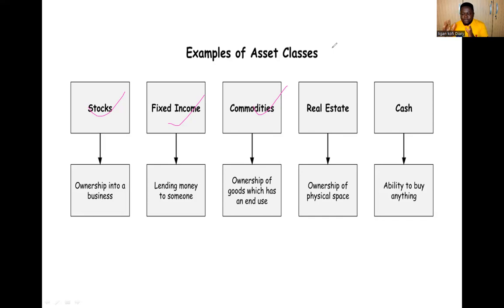So sorry about that. So the cash aspect has to do with the ability to buy anything. When you are holding money, you can actually use that money to buy anything that you want to buy, provided the money can buy that thing. So people who hold the fiat currencies or the physical cash are also holding onto a certain class of asset.